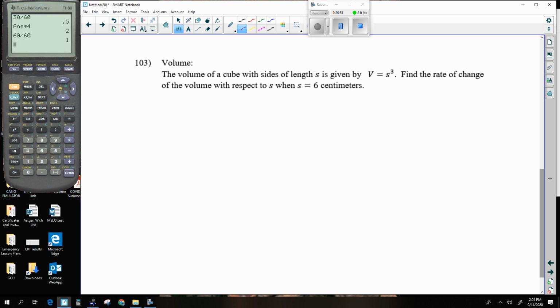The volume of a cube with sides length s is s to the third. Find the rate of change of the volume with respect to s when s is equal to 6 centimeters.